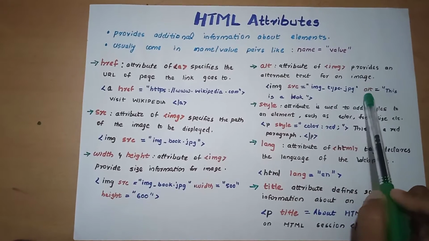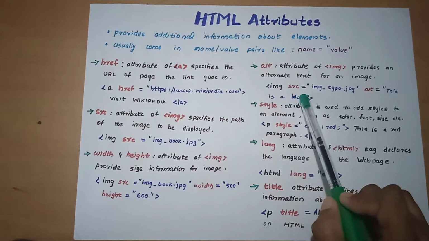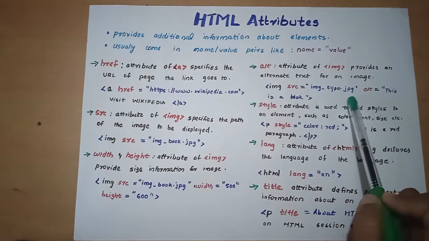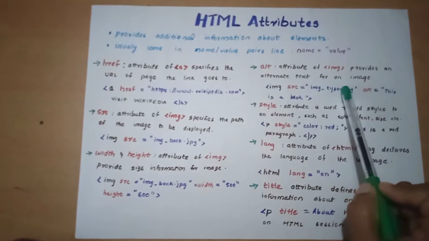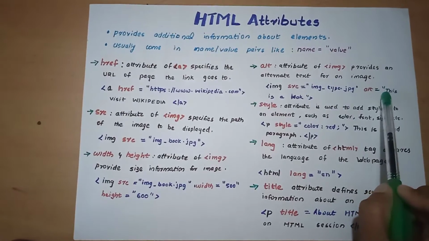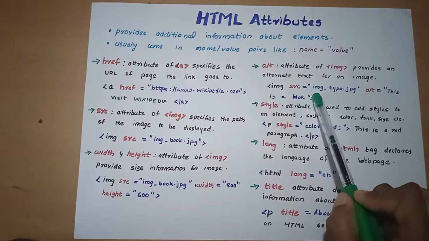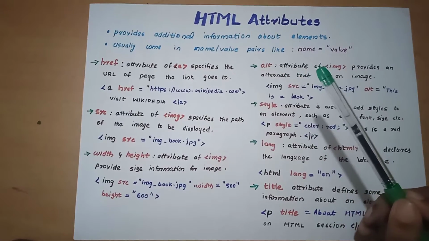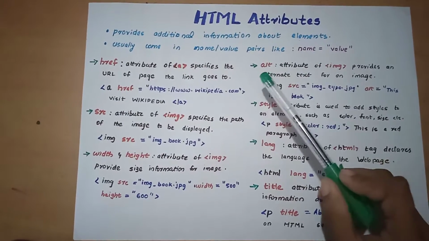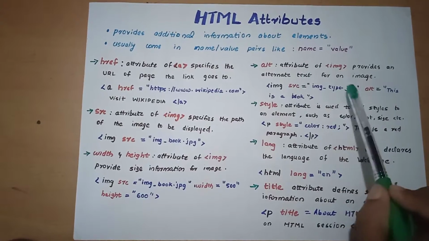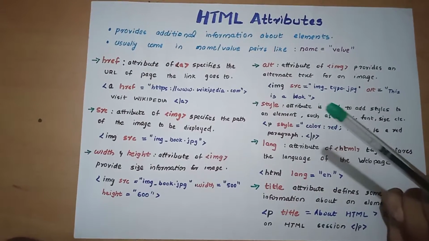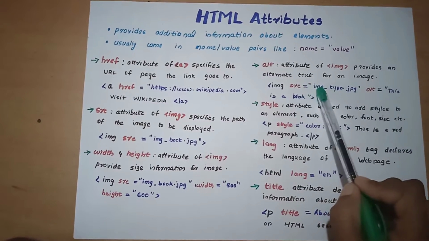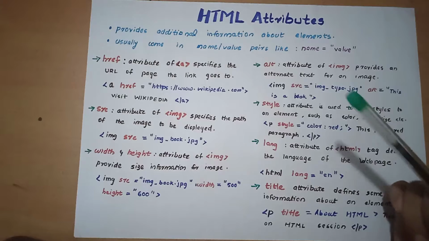So what we write is alt is equal to this is a book. There should have been an image of a book displayed, but it couldn't display that image, so it used this text to give the idea of the image. We normally use this because if any errors occur in our coding, we can easily understand why, and we can correct the src or find the reason behind it.